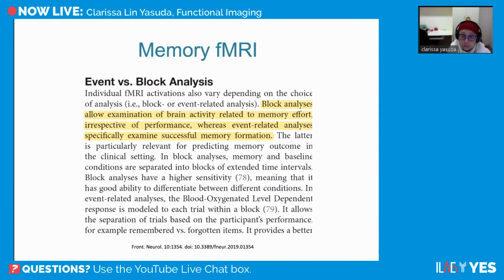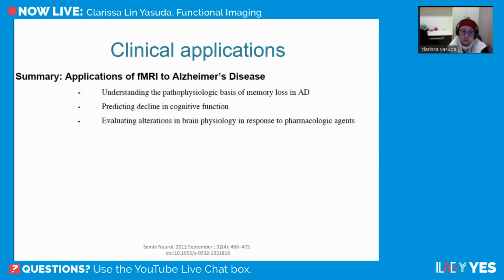And just to remind, for memory analysis, they usually use not the block design that we use for language or for motor, but more the event-related analysis that can really examine the memory formation, just a technical note.